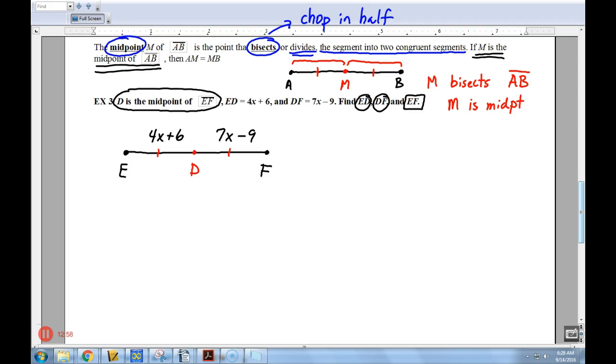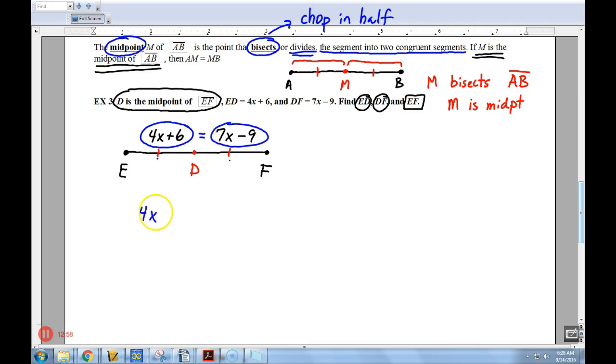So unlike how we set up the between problems, where I knew the left side, the right side, and I was also given the total, and I did left plus right equals the entire thing, I don't really need that here because I know that the left side equals the right side. So I can just set up an equation right now.